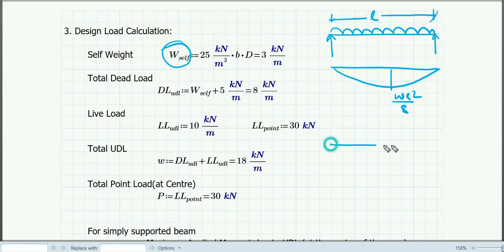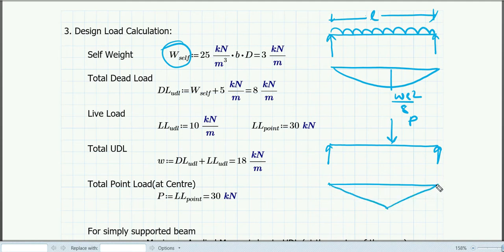Now in this question we have an additional point load P at the center. For a point load, the bending moment diagram is a straight line, looking like a triangle, and the maximum is PL by 4. So here we have both UDL as well as point load in our question.